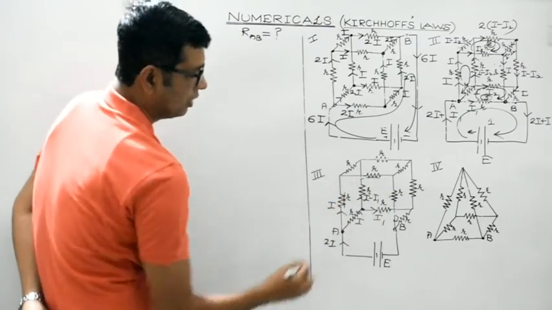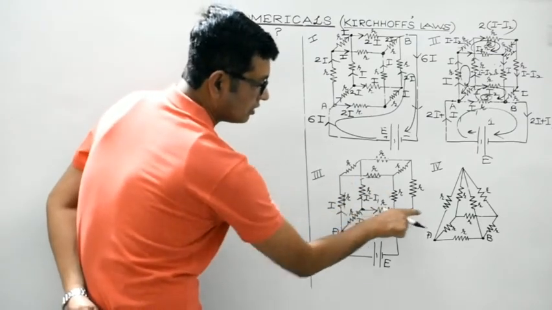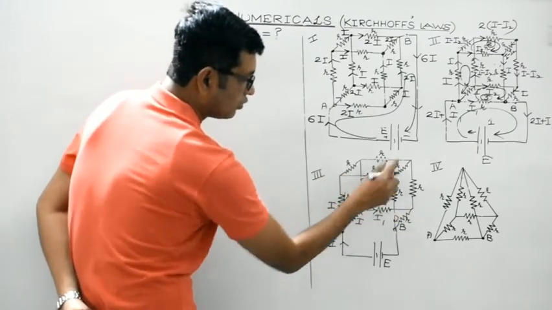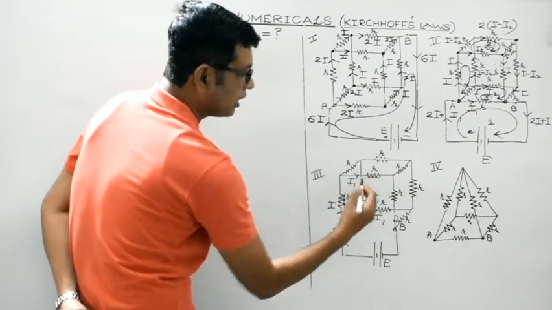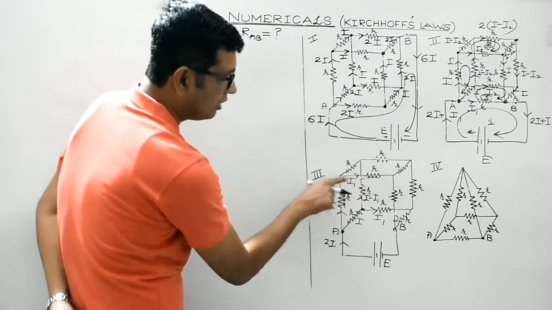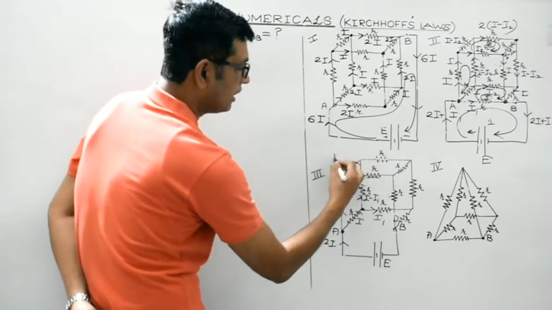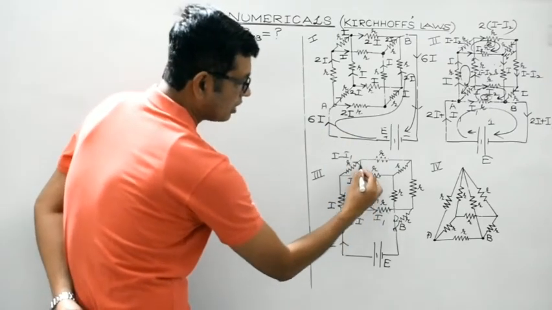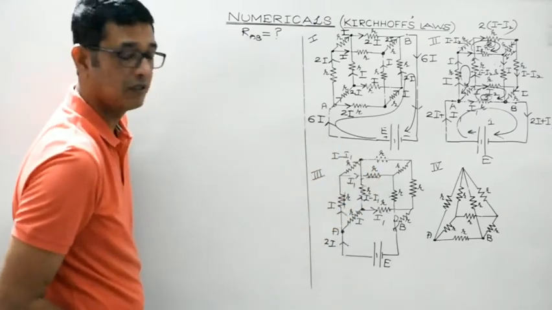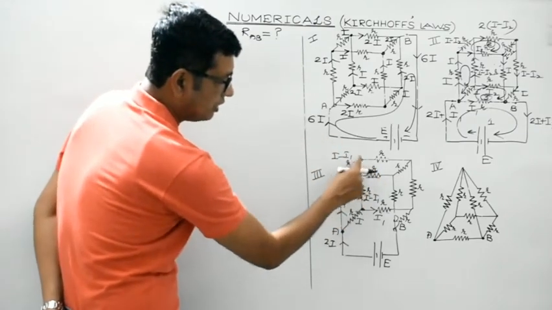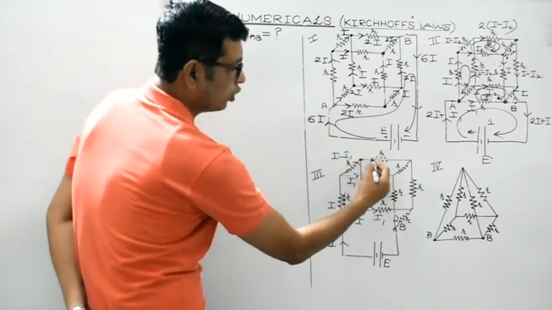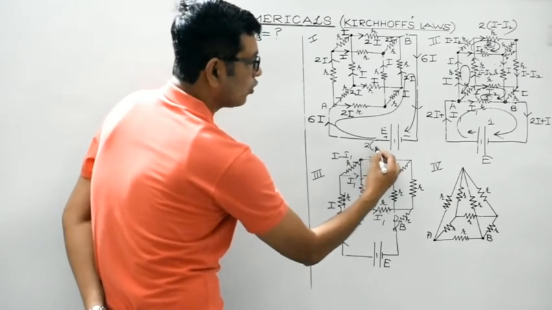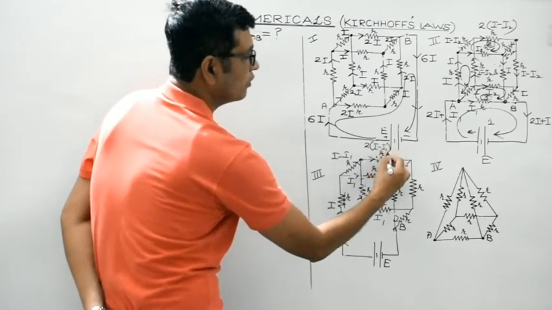Similarly, here the current flowing is I. Its symmetrical part is this one, so the same current I1 must be flowing. Out of I, I1 flows over here, so the remaining current I minus I1 will flow through this particular branch. Now consider this point. It will act as a junction. So current I minus I1 here and I minus I1 here both add up and give twice I minus I1.